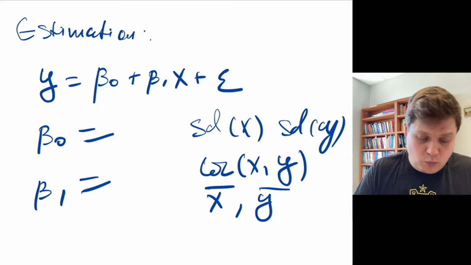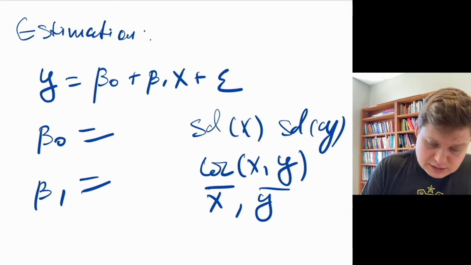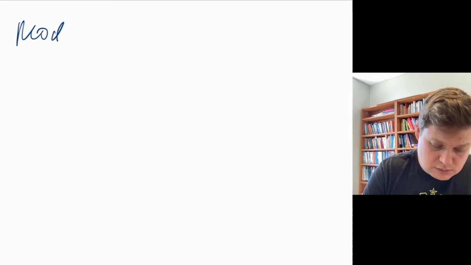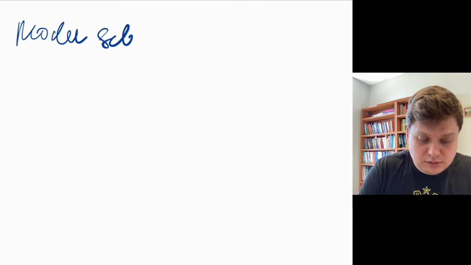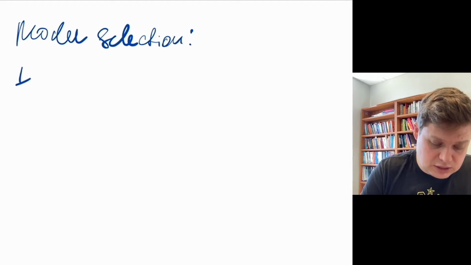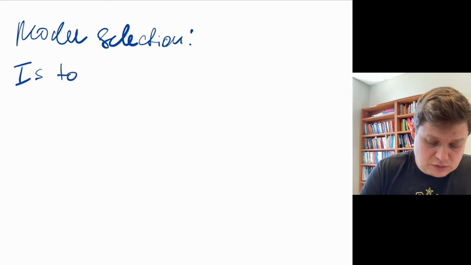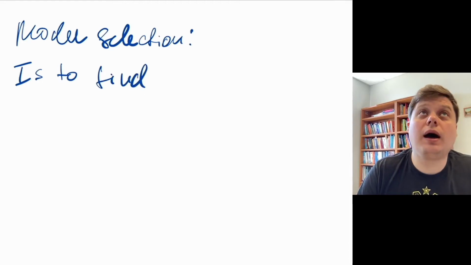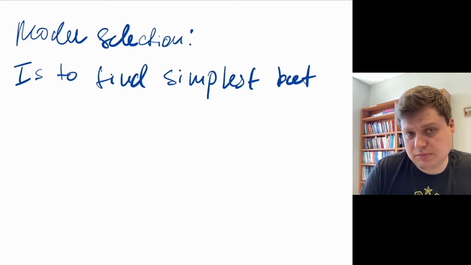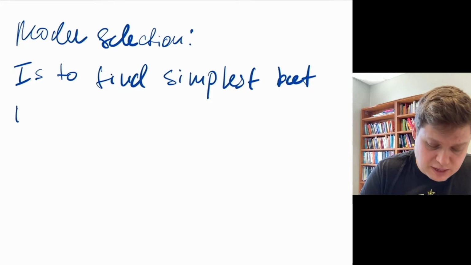And when we talked about finding simpler models, let's review this. When we talked about model selection, usually the goal of model selection is to find the simplest but adequate model, the simplest but useful model.